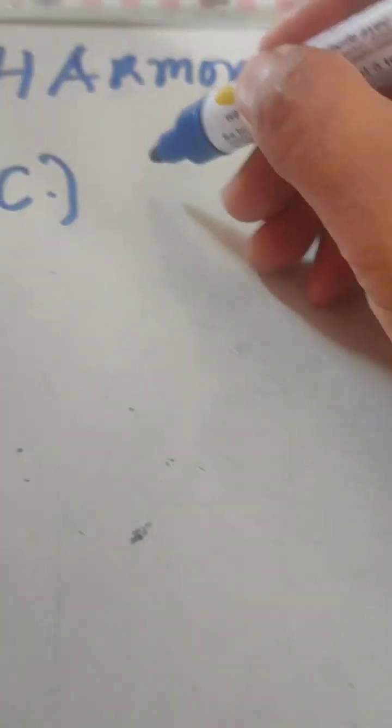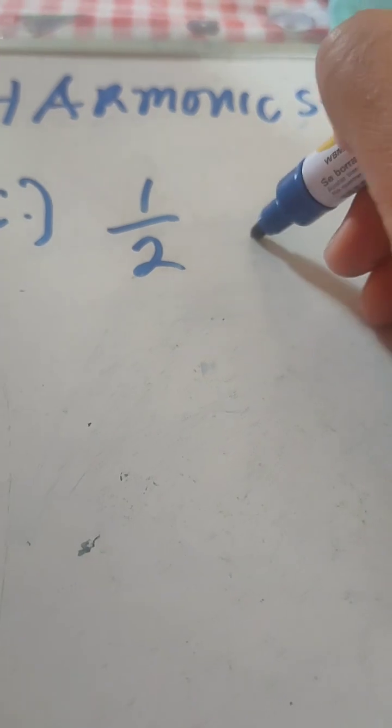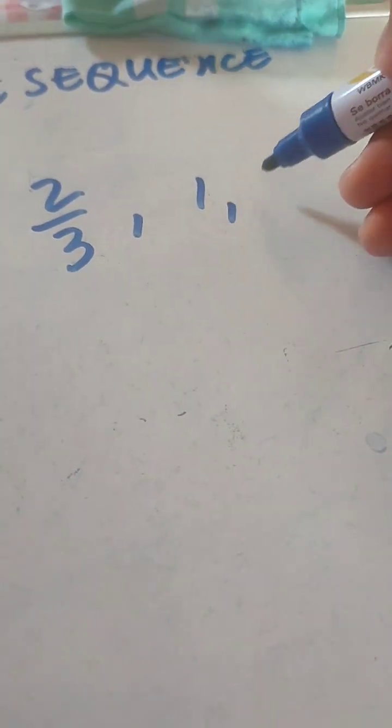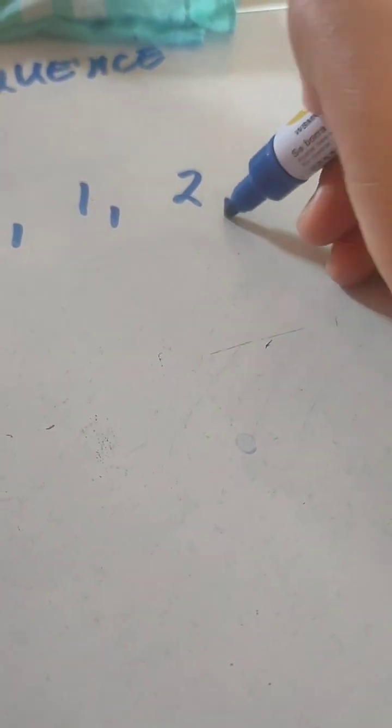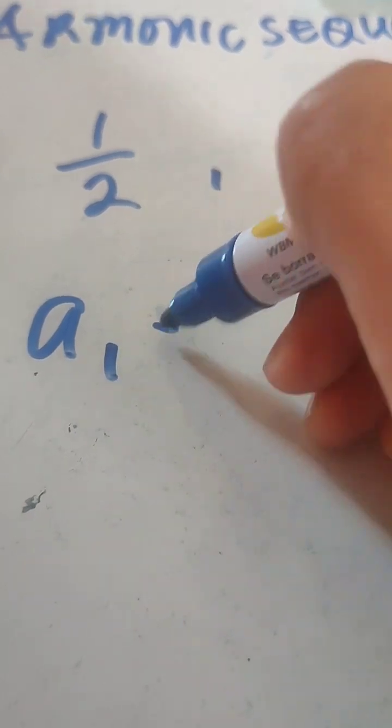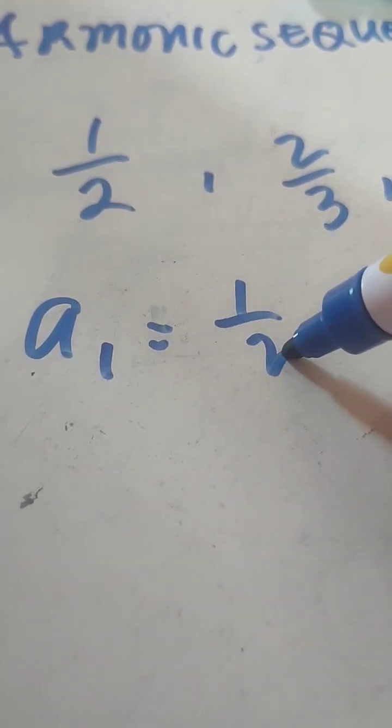So letter C is given: we have 1/2, then 2/3, then 1, 2. What is asked here is the 70th term. So our a sub 1 is equal to 1/2.